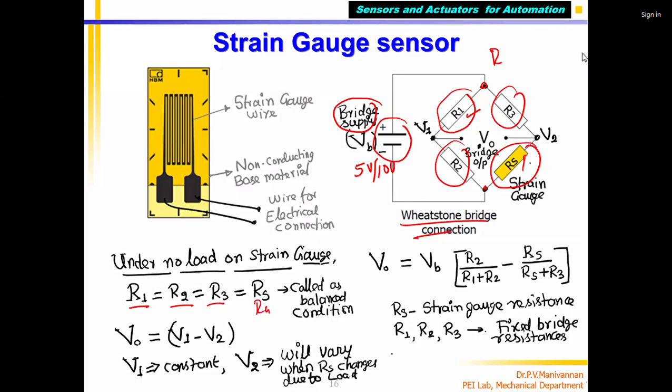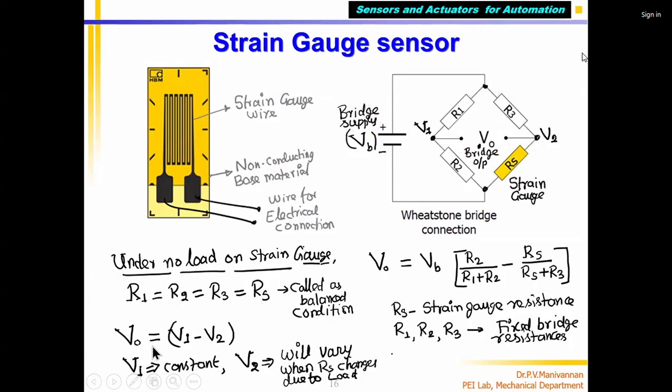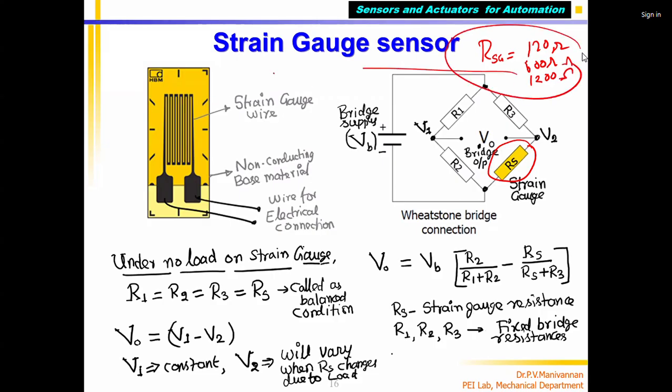Instead of a resistor, what I did is replace it with my strain gauge, which is stuck on my cantilever beam. Generally the strain gauge comes with a constant fixed resistance, which I call RSG. The resistance is 120 ohms, or 600 ohms, or 1200 ohms. These are the values supplied if I buy HBM strain gauges.